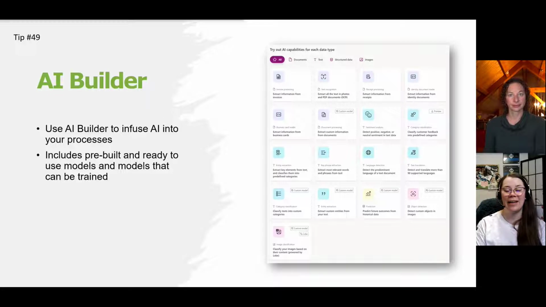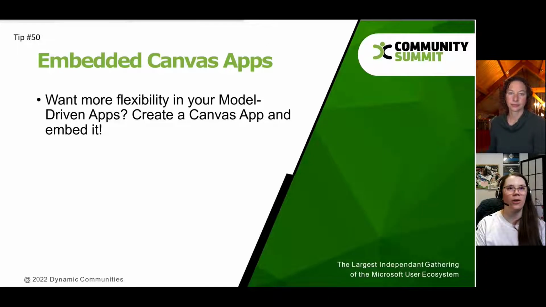So a good example is like sentiment, right? I can just set that up and start using it in a Power App or a Flow. I can also be creating form processing models. So I can take a picture of a form and have it automatically read the data and put it in Dataverse. So lots of cool things that are available within AI Builder for you to use in your organization.